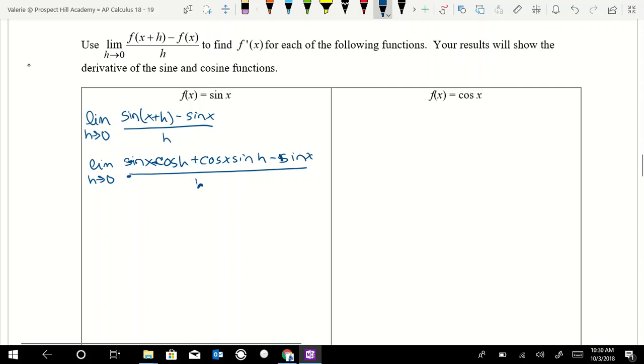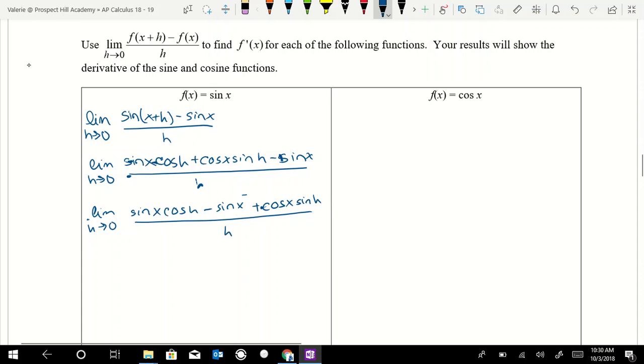And if we continue, we're just going to rewrite a few things. So we have the limit as h approaches 0 of sine x cosine h minus sine x plus cosine x sine h, all over h.